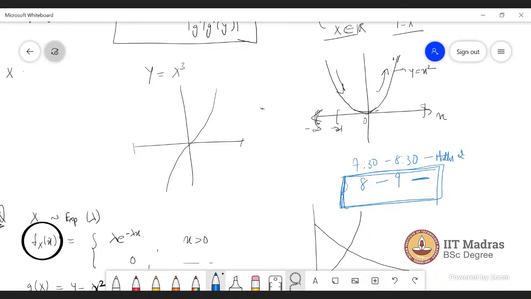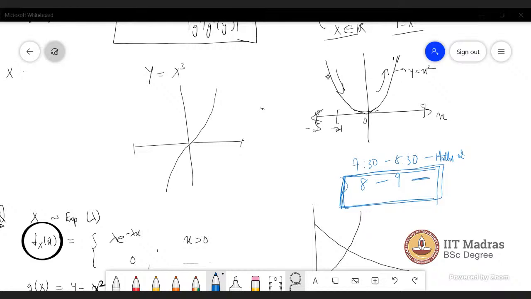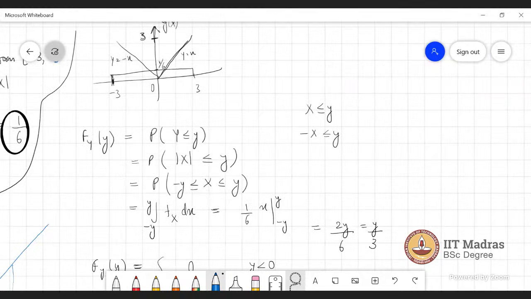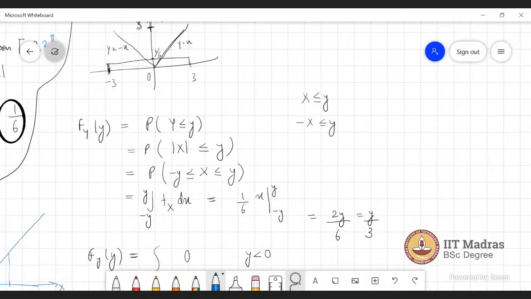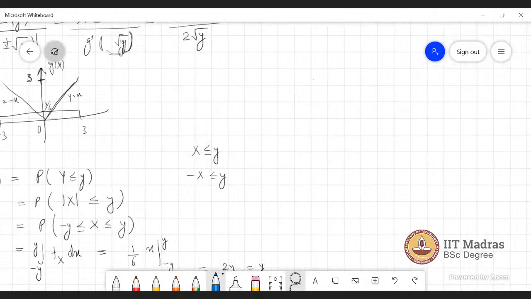Ma'am, one calculation part of the question, if you can just write down and help me out. It is on expected value and variance, from activity 4.8.